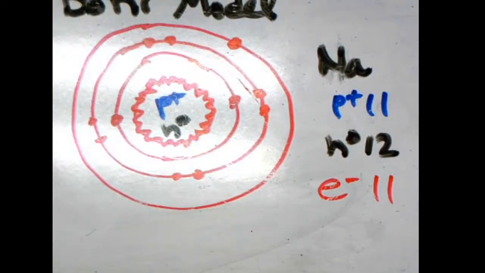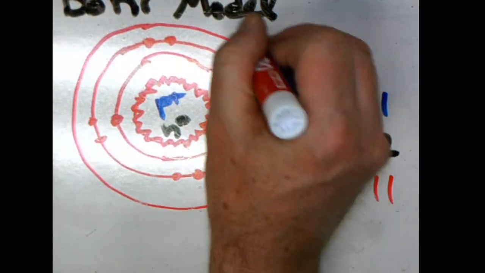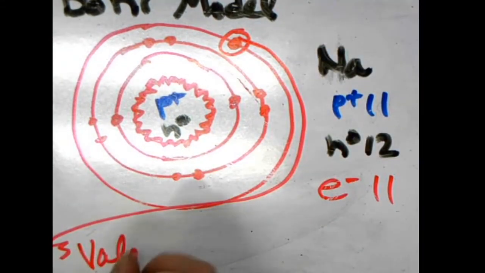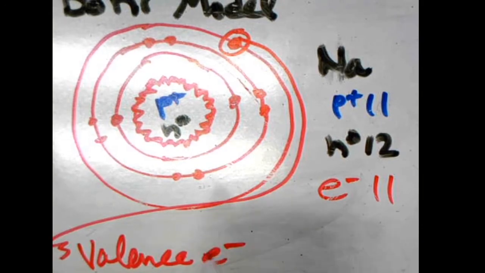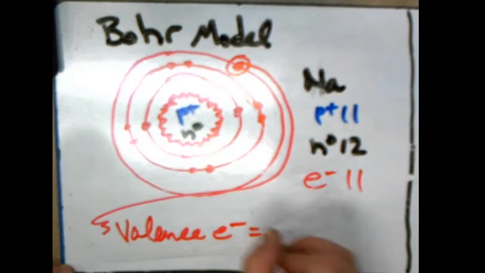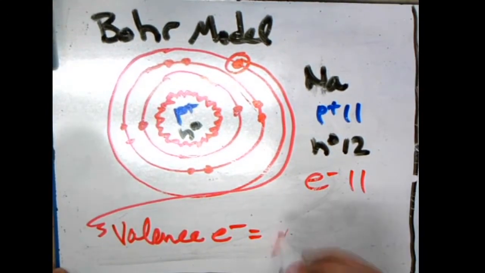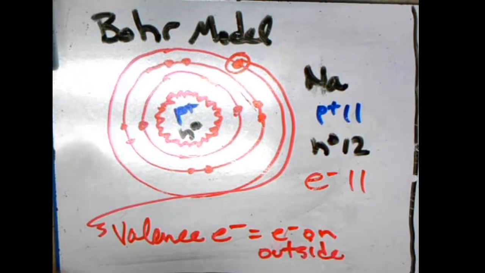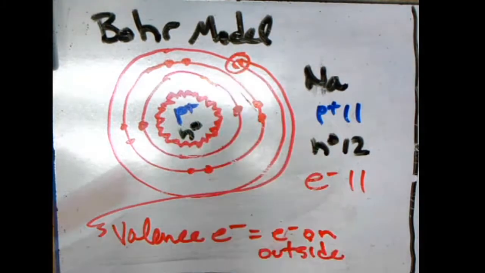Remember again, those electrons on the outside ring are the valence electrons, the electrons on the outside or outermost ring. Those are going to become very important to us, as we're going to see in bonding and in reactions, because it is these valence electrons that cause all of the action.